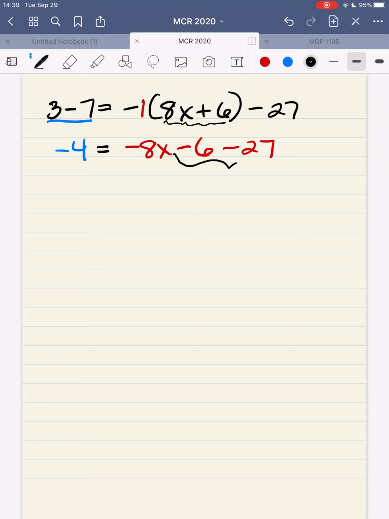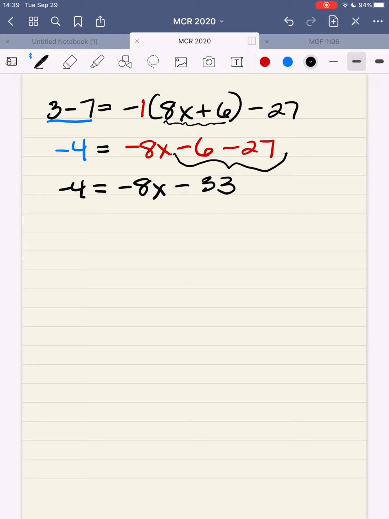These 2 items here can be combined, so I need to go ahead and do that next. So my -4 here still exists, my -8x still exists, and I have -6 minus 27. So -6 minus 27 is going to give me a negative, remember same sign, 33.